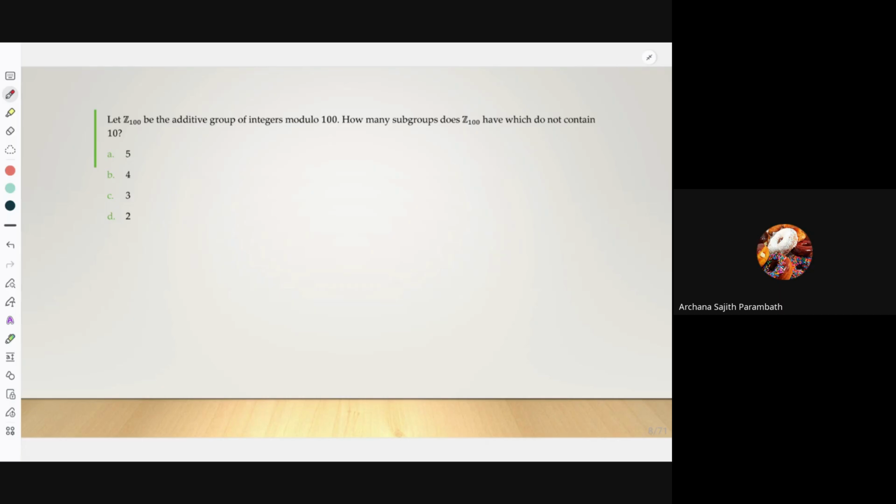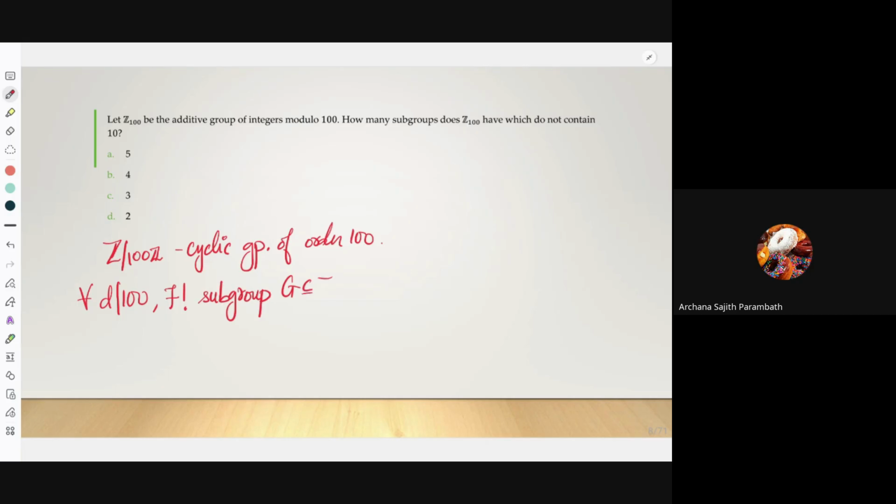So Z mod 100Z, or Z100, what do you know about this? It's a cyclic group of order 100 and it has another property: for all d dividing 100, for all the divisors of 100, there exists a unique subgroup G of Z100 with order d.